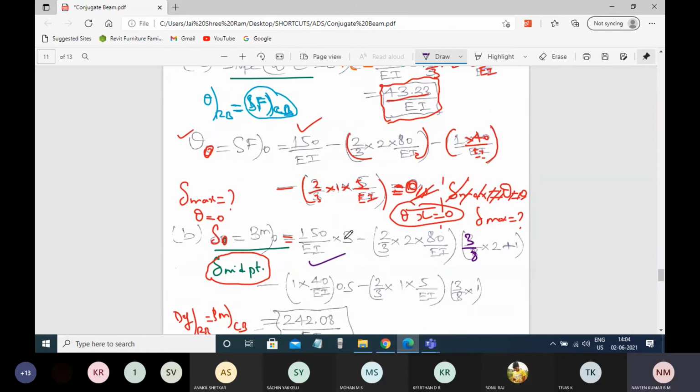So 150 by EI times 3, that is VA times 3, and 2 by 3 times of 2 times of 80 is the area of that bigger quadrant, and centroid distance is 3 by 8 times of 2 plus 1 meter. Minus of the area of this rectangle, 1 times of 40 divided by EI, and centroid distance 1 by 2, can be written as half.